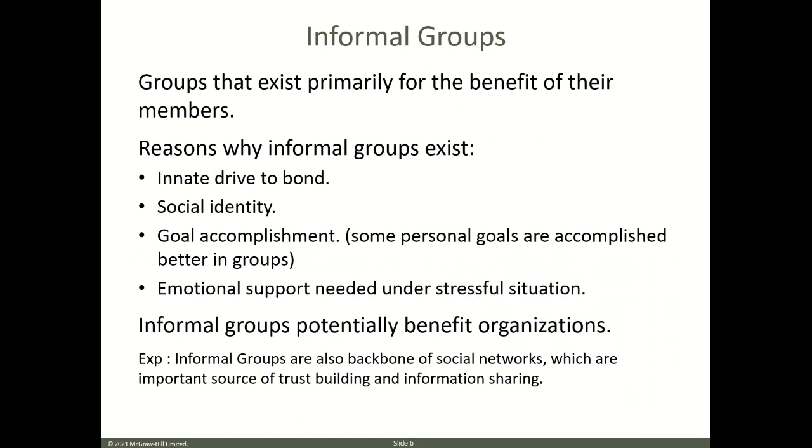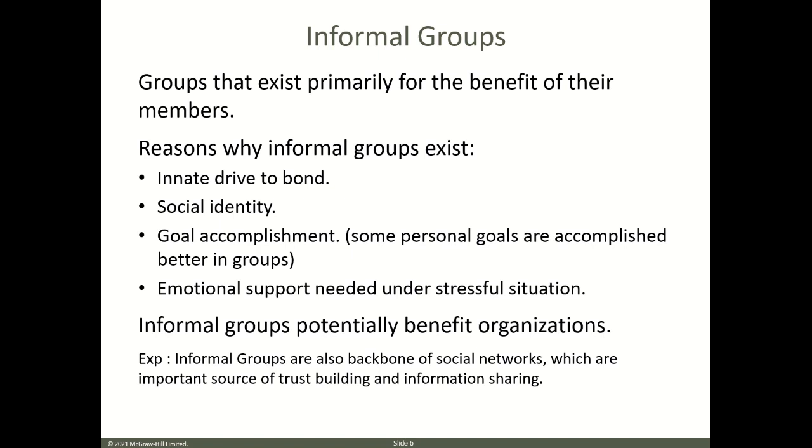Informal groups: sometimes formal teams, sometimes informal teams, right? There are some benefits of informal teams as well. They are groups that exist primarily for the benefit of their members. Reasons why informal groups exist: a number of reasons are there. Innate drive to bond.